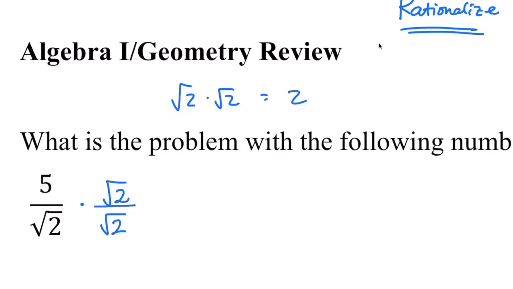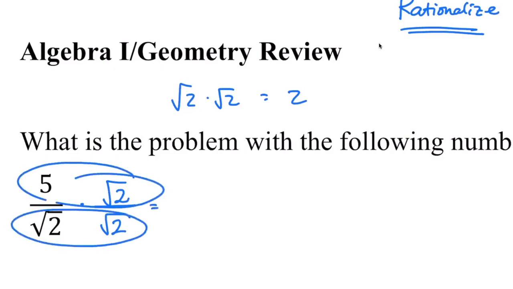Well, because when we multiply fractions, we multiply across, right? And as we multiply across, if you focus on the denominator first, we would say, oh, root 2 times root 2, it's 2, right? Now, we multiply the 5 and root 2 in the numerator, which is 5 root 2.